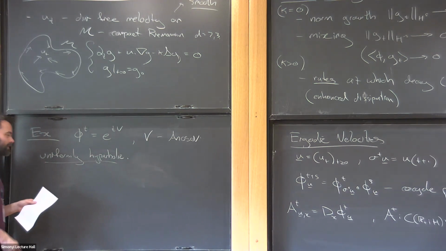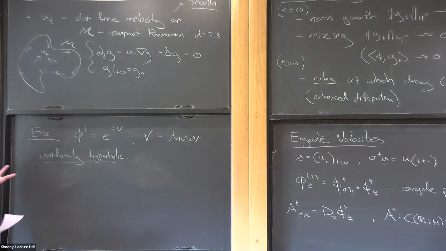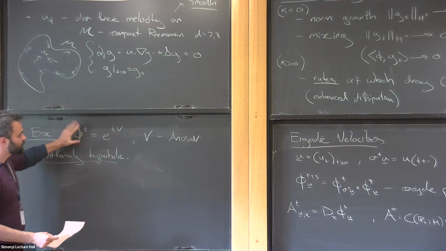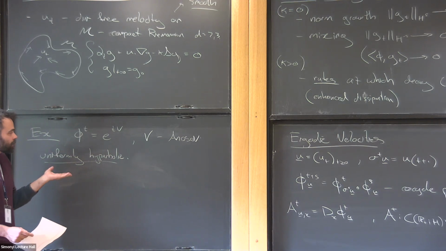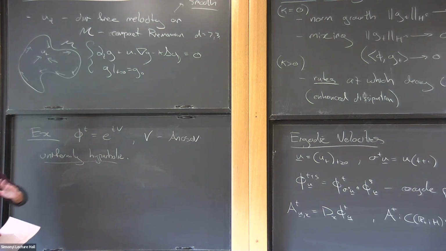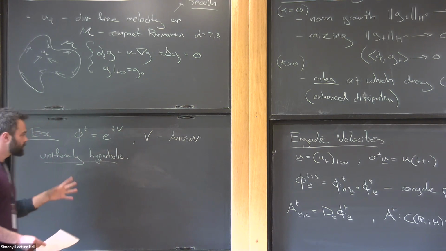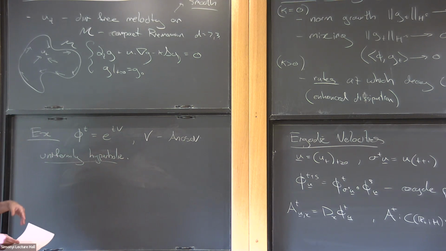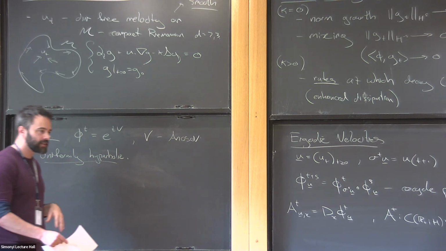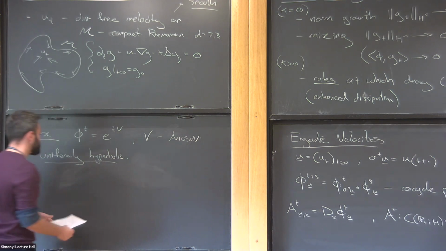Without getting into exact details of uniform hyperbolicity, what it really just means is that the derivative of this flow has a nice splitting on the tangent space into a stable and an unstable part. And this is uniform everywhere on the manifold. So in particular, it gives you this beautiful foliation of the manifold, the stable and unstable manifolds.